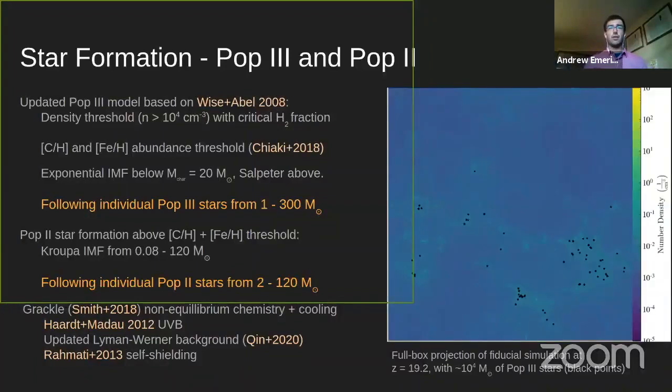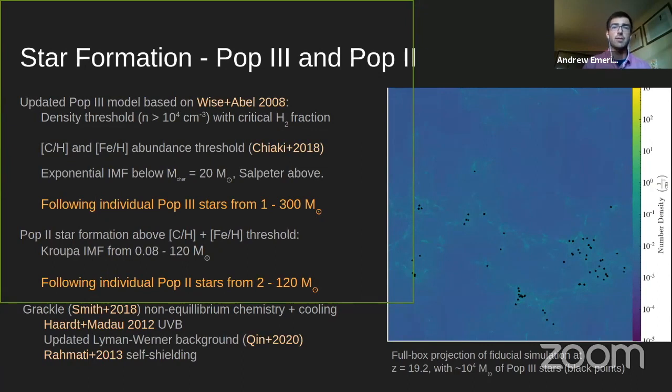And so the gory details of this is that we have star formation with Pop 3 and Pop 2 stars. We're following Pop 3 stars from 1 to 300 solar masses individually, randomly sampling an IMF with a characteristic mass of about 20 solar masses. And above a metallicity threshold, which is driven by the carbon and iron abundance in the gas, we can form Pop 2 stars, which are again sampled randomly from an IMF and followed individually for stars between 2 and 120 solar masses.